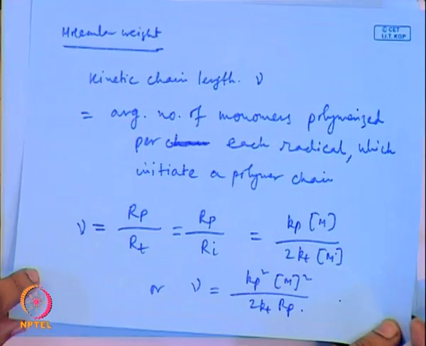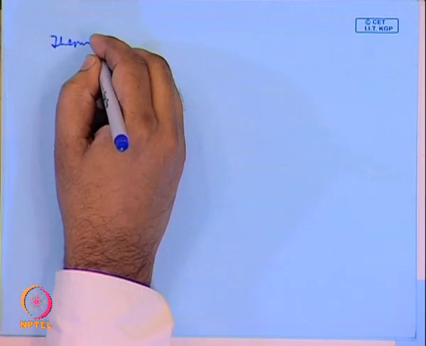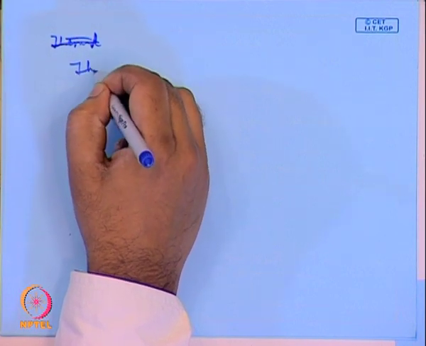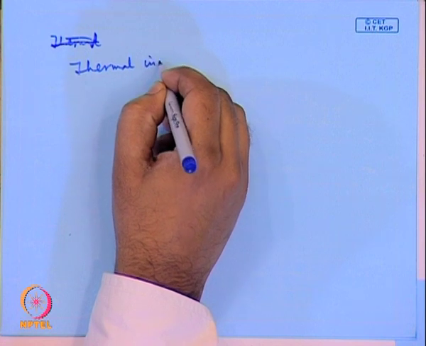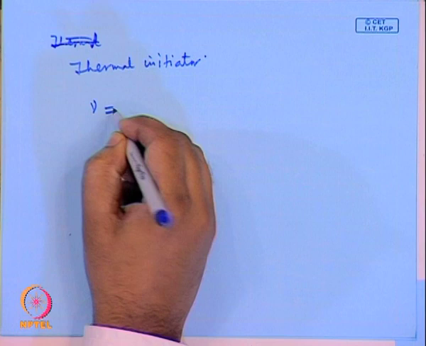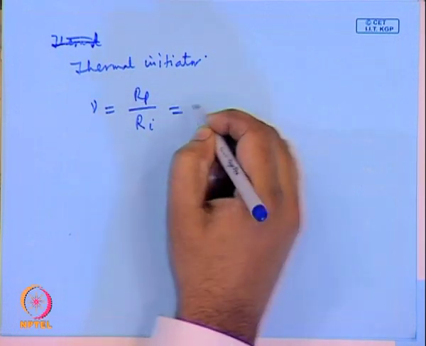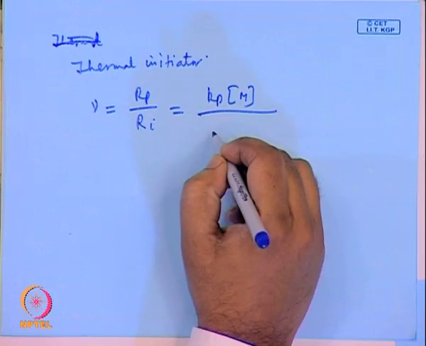And if we consider only the case of a thermal initiator, then nu is again Rp by Ri, kp[M].